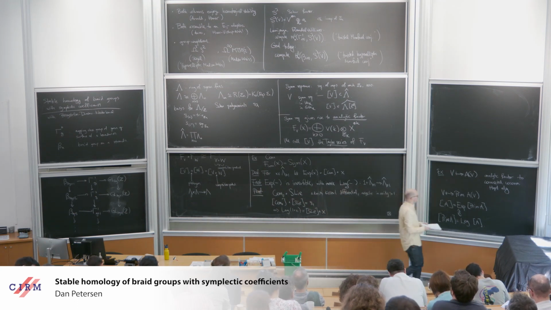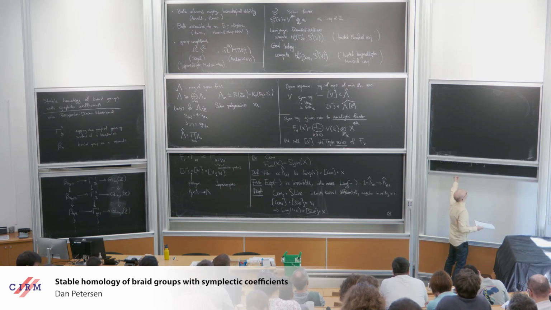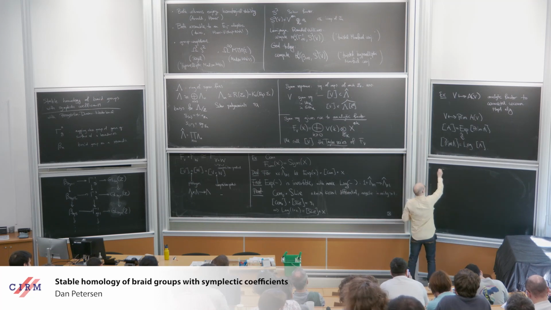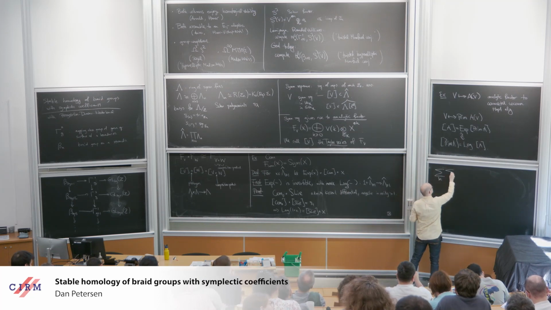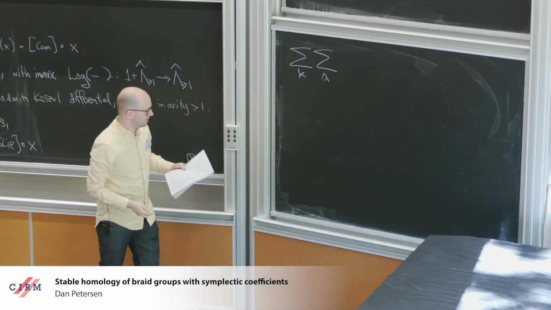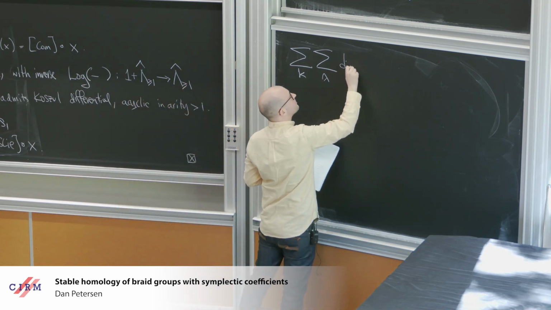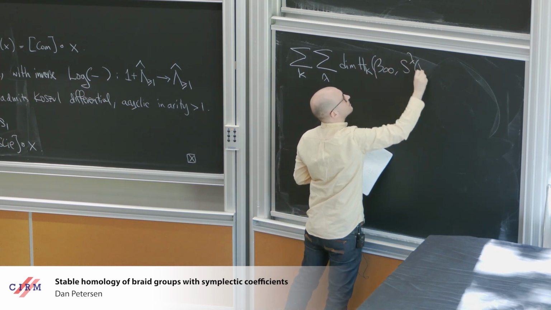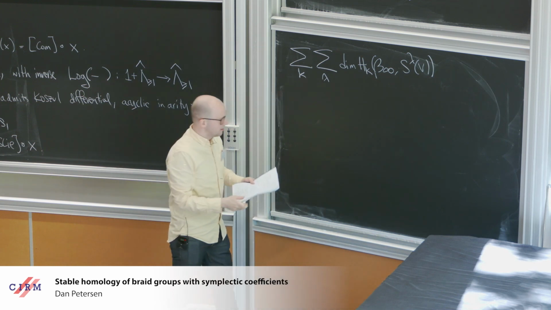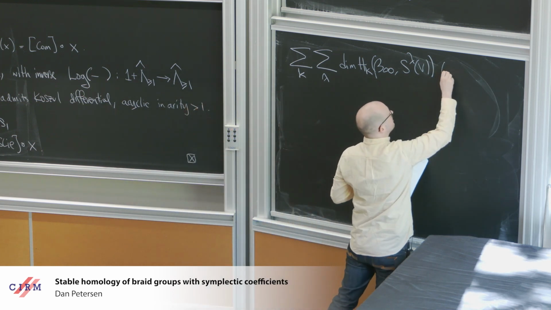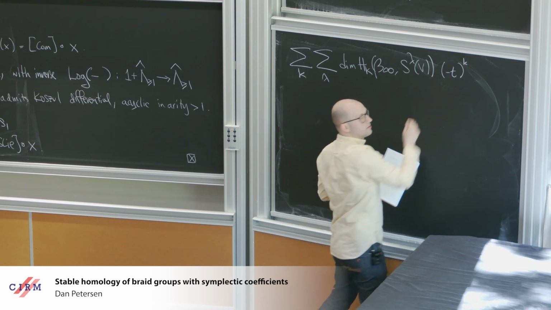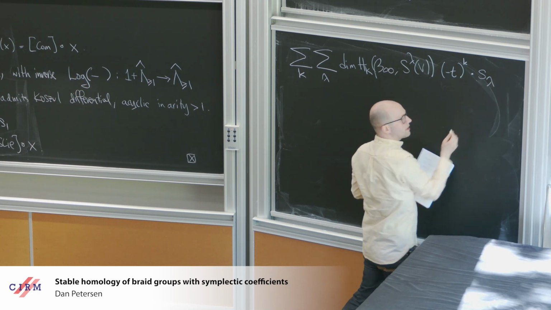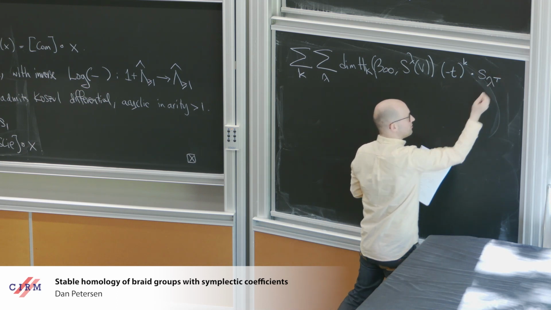And now let me state the theorem that we prove. So write down the generating series, like so. And then we need a variable that keeps track of the homological grading. And then we need a Schur polynomial, and we're actually going to transpose the Schur polynomial.